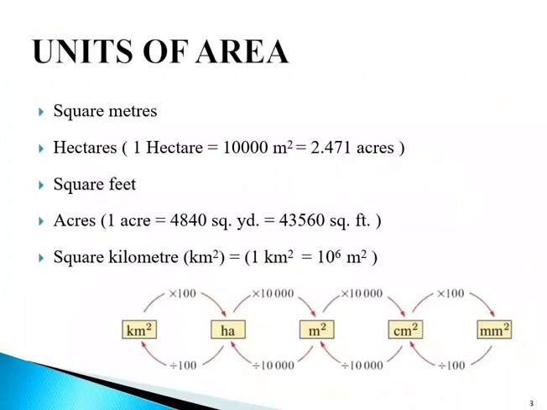Also it is measured in square kilometer, denoted by kilometer square. So 1 kilometer square is equal to 10 raised to 6 meter square. You can see all the conversions of these units in the image. Be sure you remember this image, and by this you can easily convert units.